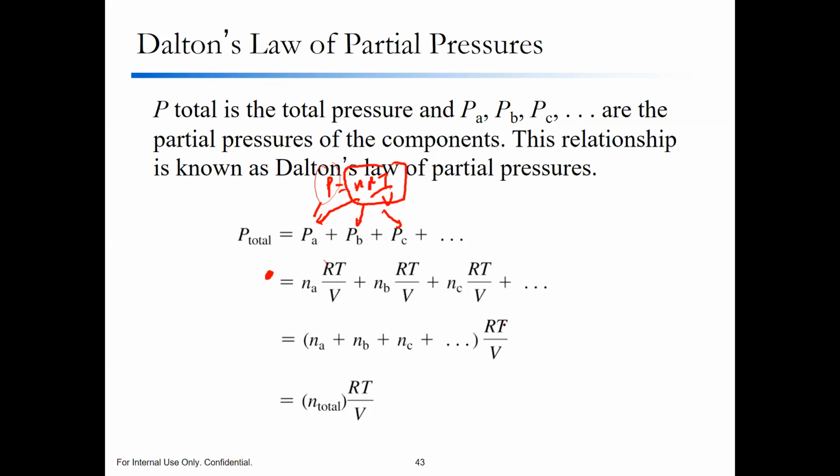So we could put RT, all of these three gases are going to have the same R value. They're going to have the same temperature, and they're going to occupy the same volume. So then it simplifies to this equation. Total pressure is basically related to total moles. So if you know the total moles, you're going to know the total pressure. It basically means if you know the moles, you know the pressure. And if you know the pressure, you know the number of moles.